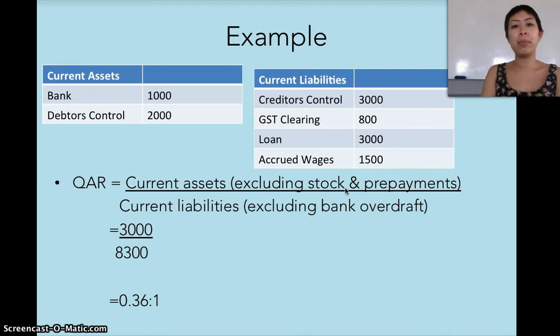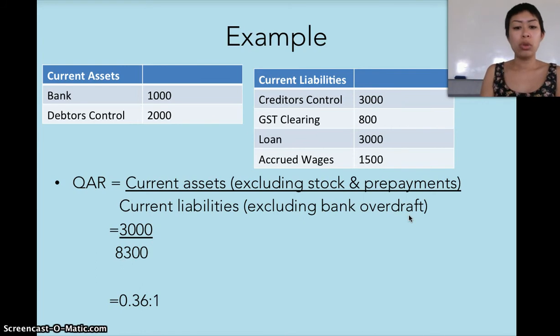So if you're really pressed to repay some immediate debts, essentially you would look at the money you have in the bank and how much debtors owe you. We exclude bank overdraft because a bank overdraft is actually a facility you arrange with the bank. So you might tell the bank you would like to arrange a bank overdraft facility of $5,000 each month.